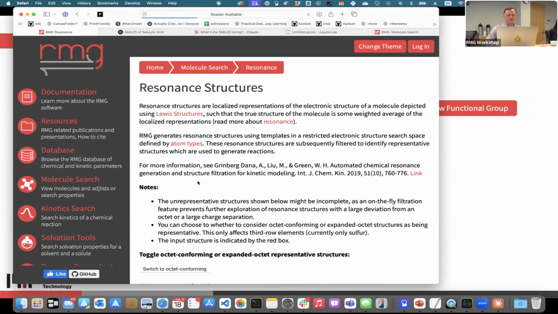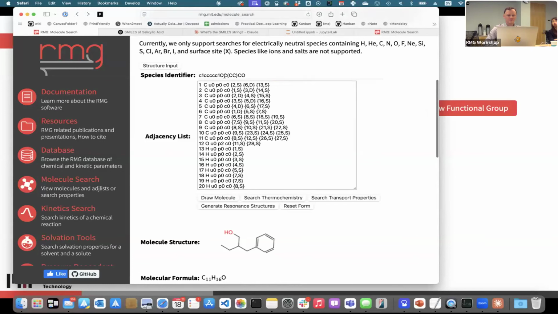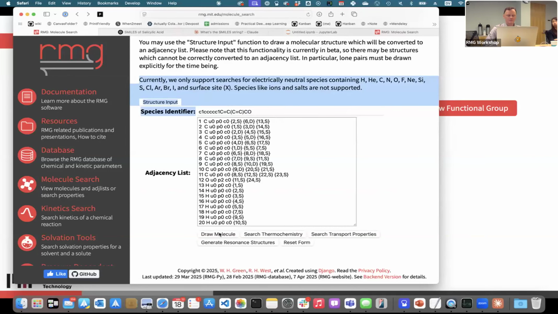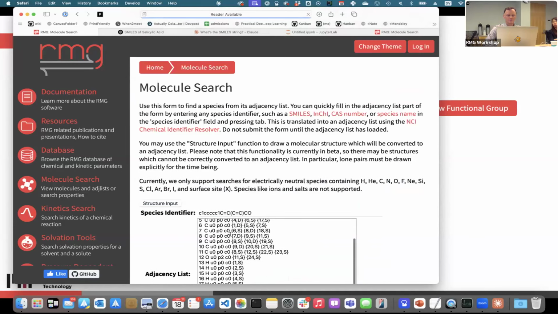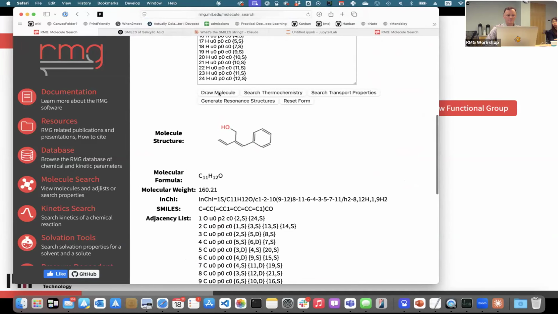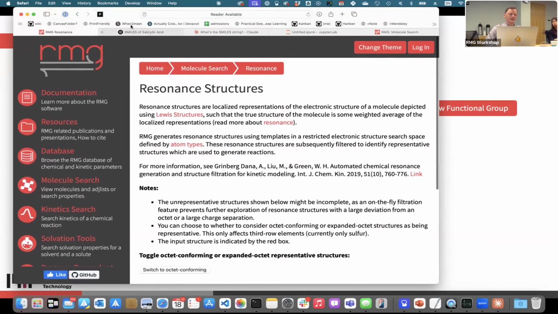If I say generate resonance structures, oh, I chose it badly. Let me pick something which actually has some. Stick some more double bonds in or something. Draw molecule. Oh, here you've got to hit tab, draw molecule. I might have chosen badly again. Yes, okay, I should have picked this.